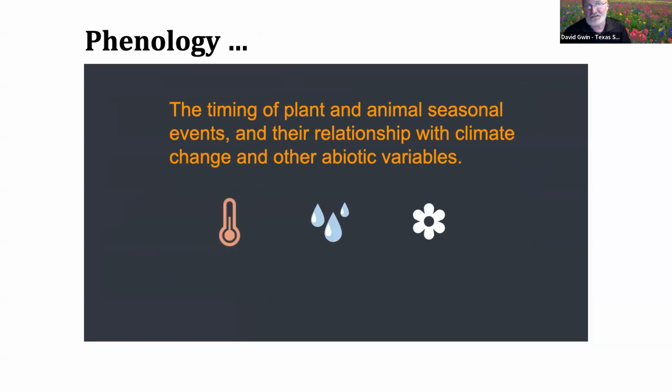As climate changes, there are a number of ways that we try to understand that, and a big one is phenology. So phenology is purely the timing of plant and animal seasonal events and their relationship with climate change and other abiotic variables. So you're going to hear a lot about phenological change, phenological phenomena in this presentation.